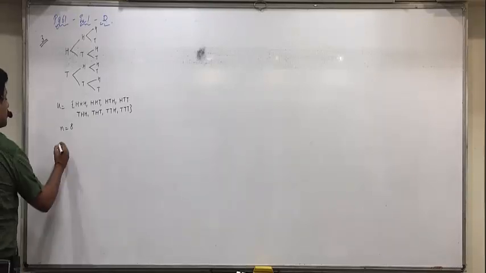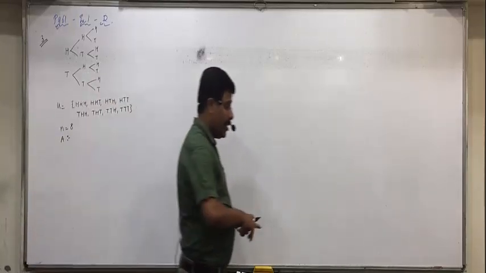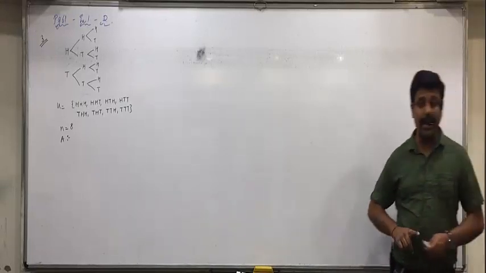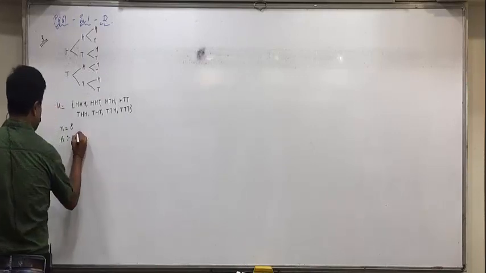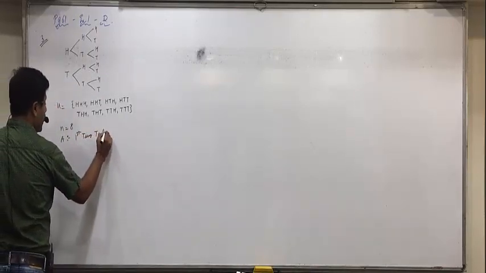So write down. Let event A be the event that first two are tails.